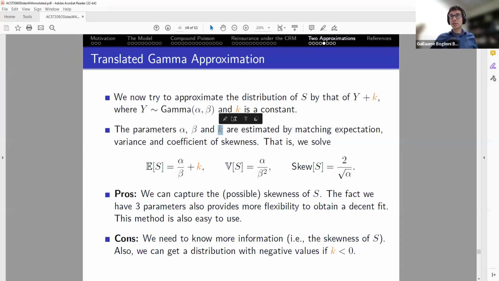It gives us more flexibility to fit S, because now we have 3 parameters to work with: alpha, beta, and K. We pick them such that the moments of our S fit the moments of Y plus K, the translated gamma. It's exactly the same approach, but here we have more flexibility because we have 3 moments and 3 parameters to fit.